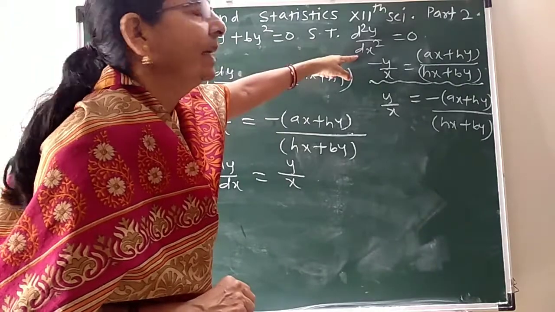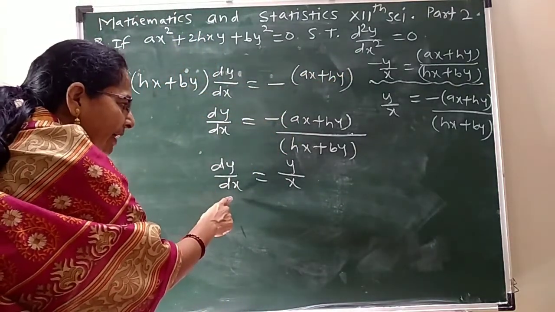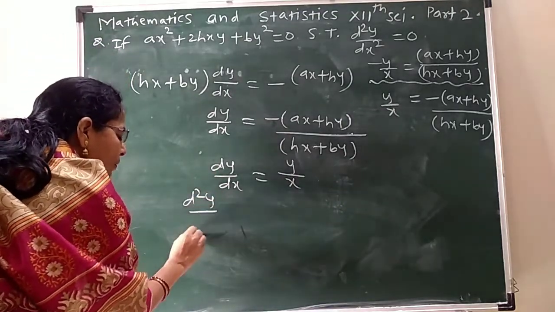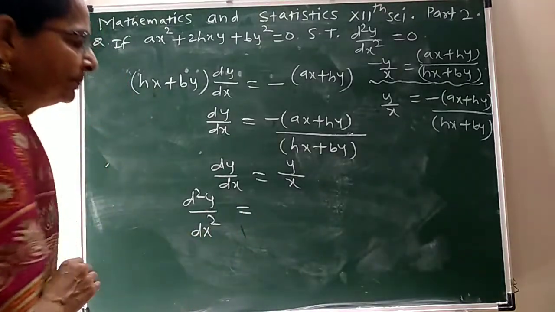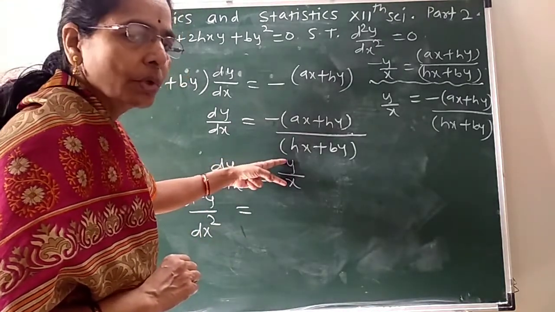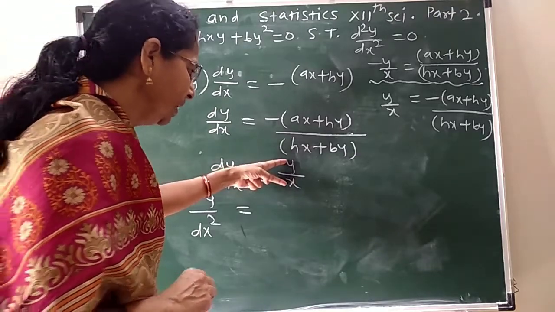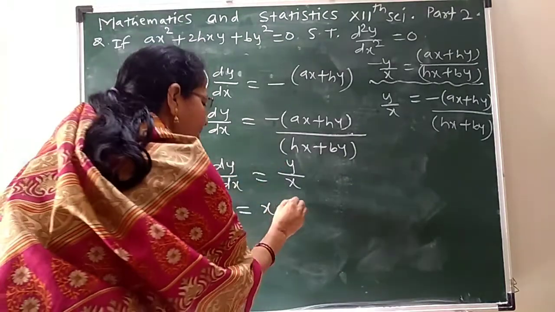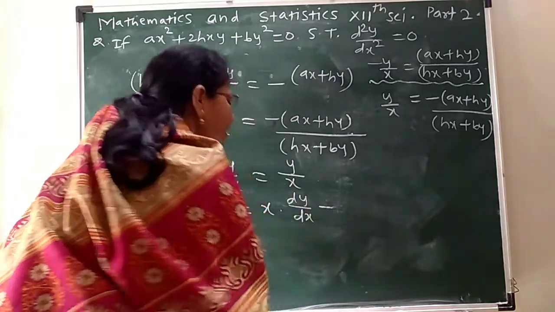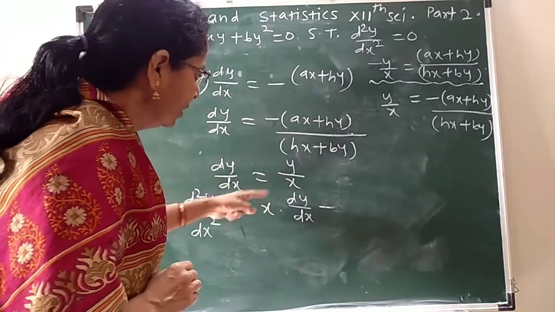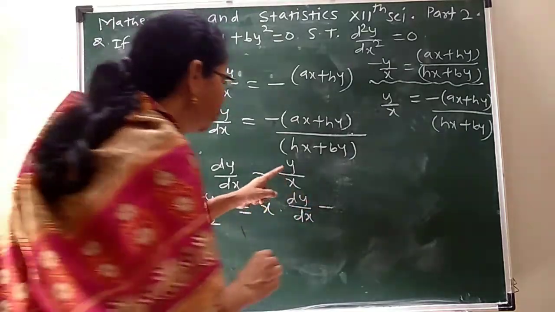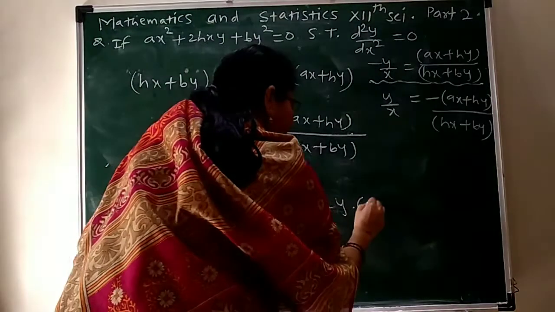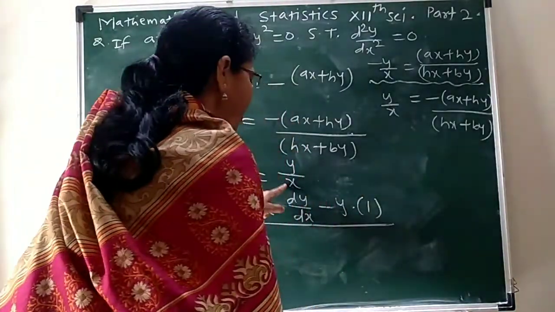But we require d2y by dx square, that means we have to take the derivative of this again. So the derivative of dy by dx is d2y by dx square is equal to, according to the quotient rule u upon v, we write v, derivative of u, derivative of y is dy by dx, minus u, derivative of v, x derivative is 1, over x square.